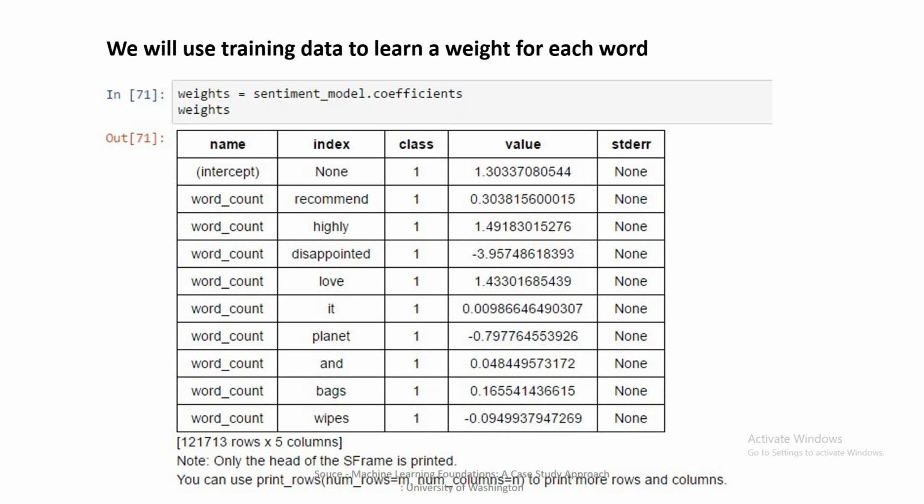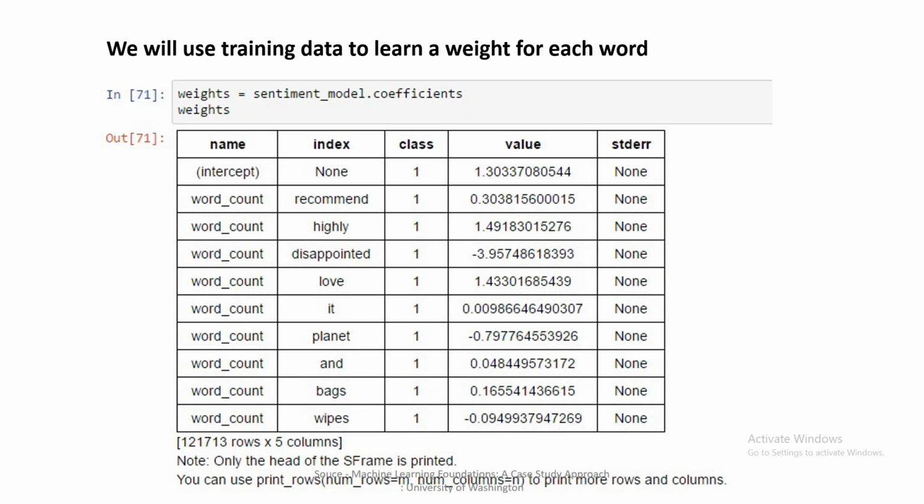For example, recommend is 0.3, highly is 1.49, so they have positive sentiment. When we predict a review, they will contribute to the positive sentiment. But if you see, disappointed has got minus 3.957, so it means disappointed is a bad word, related to negative sentiment rather than positive sentiment.